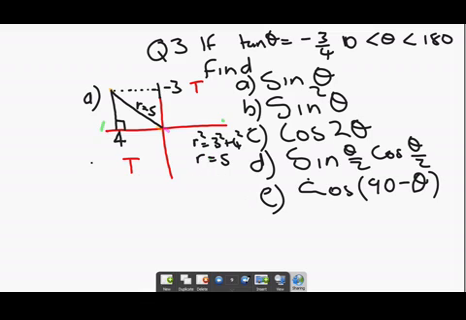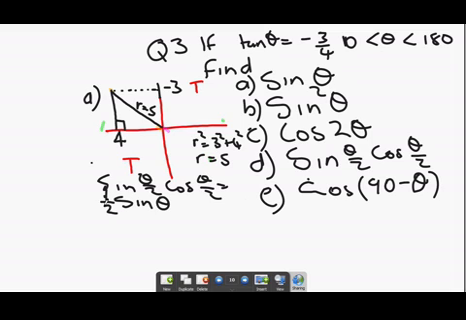Let's go to the next one, the last one. So the next one is going to be sine theta over 2 cos theta over 2. Now of course this one is a very special one because it becomes sine theta, which is 1 over 2 according to that identity.